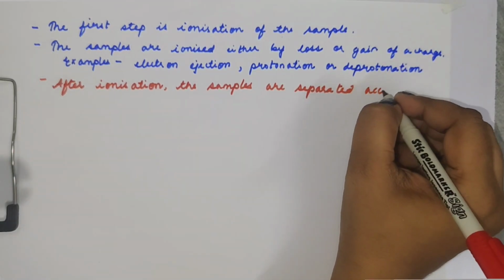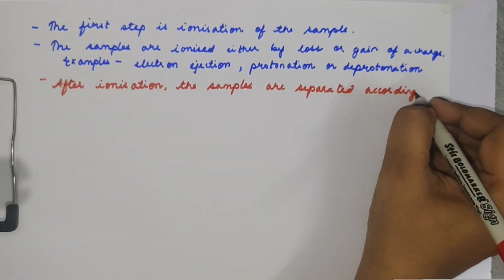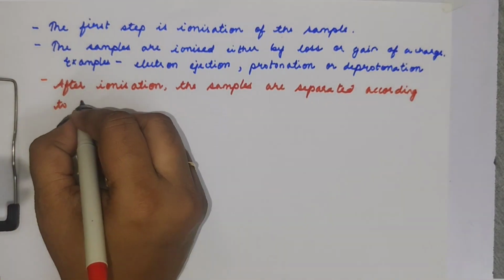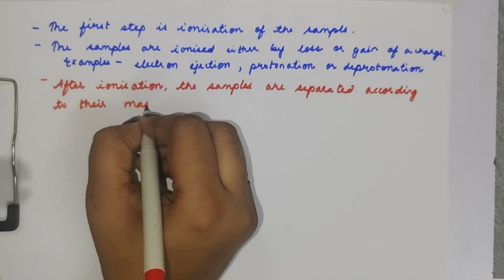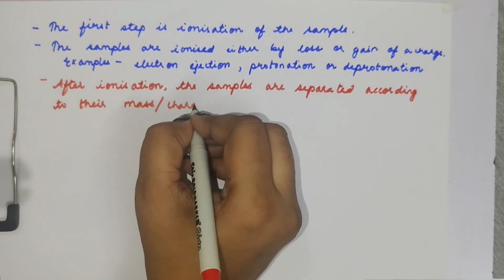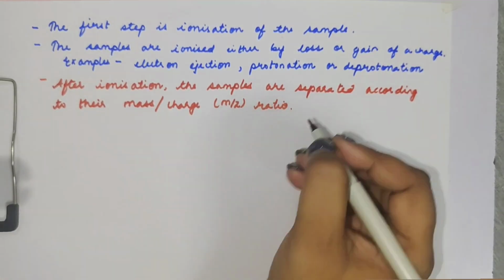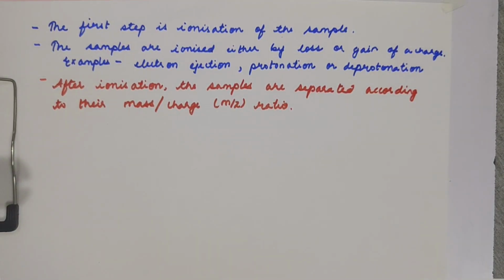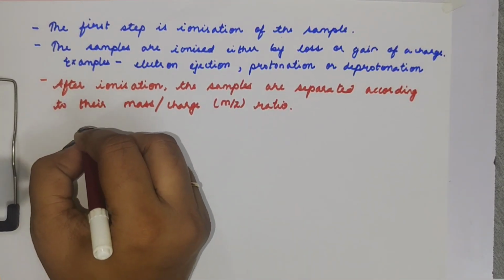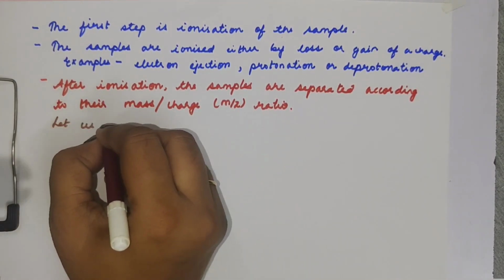Basic amino acids like lysine, arginine, or histidine, which have an extra amide group. Due to this, the samples may be multiply protonated, means more than one proton can be given to the protein, and therefore after the samples are ionized, the samples are separated according to their mass by charge ratio.